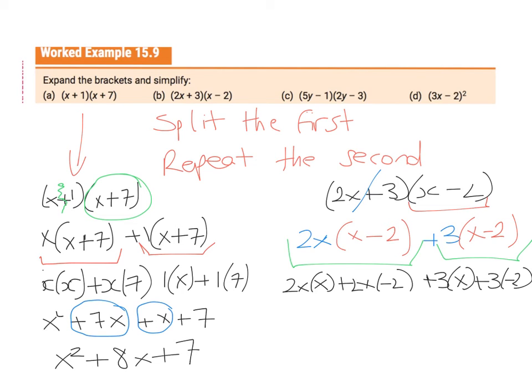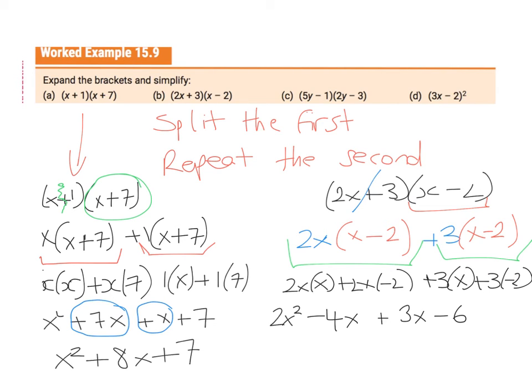So multiplying it all out together, I get 2x squared minus 4x. It's a minus because plus multiplied by a minus is a minus. Plus 3x minus 6. Plus 3 by minus 2 is going to give us minus 6.